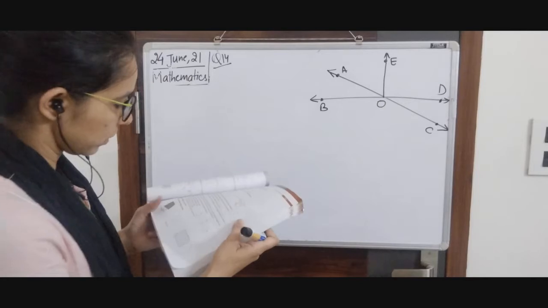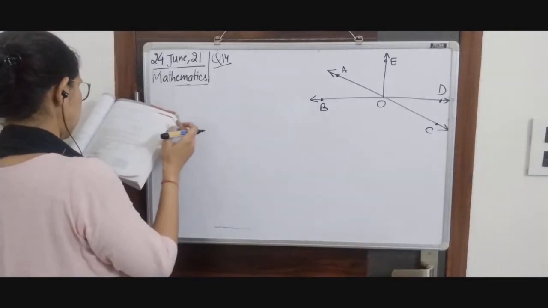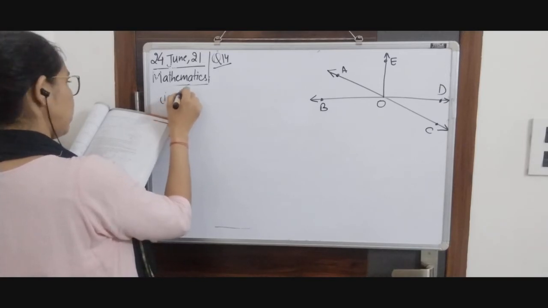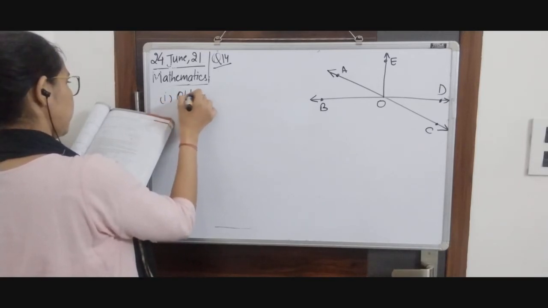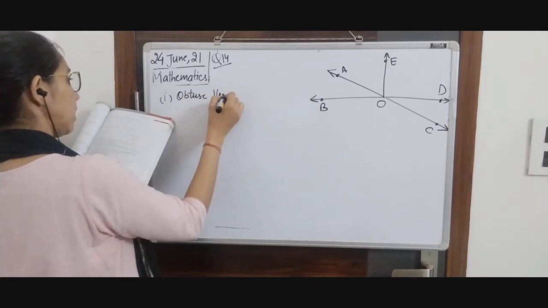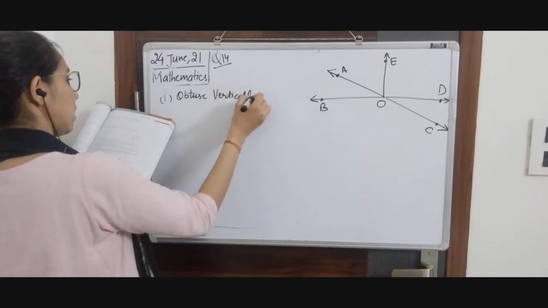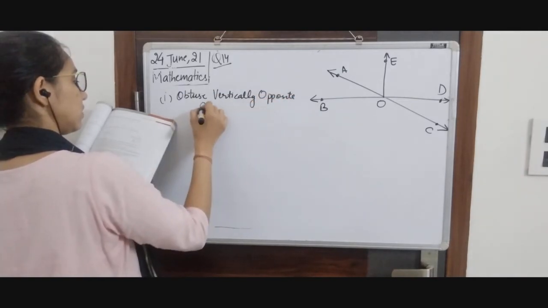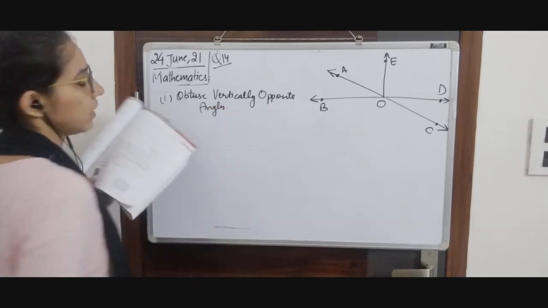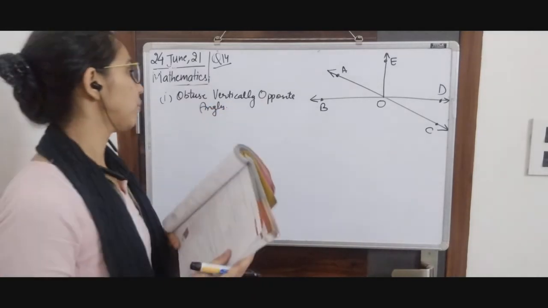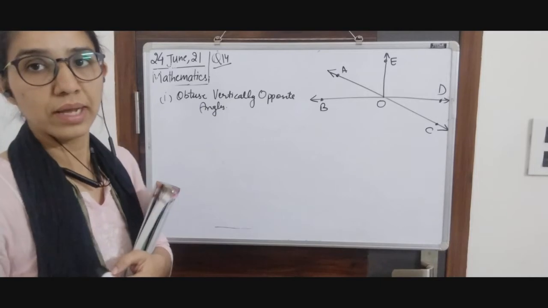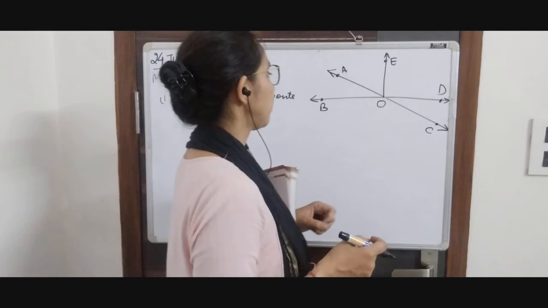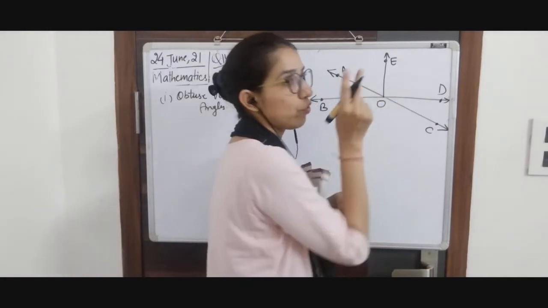Now what we have been asked? We have been asked, first, name the following pair of angles. First we have obtuse vertically opposite angles. We know that if one pair of vertically opposite angles is acute, then the other pair will be obtuse. So we have to find out vertically opposite angles.